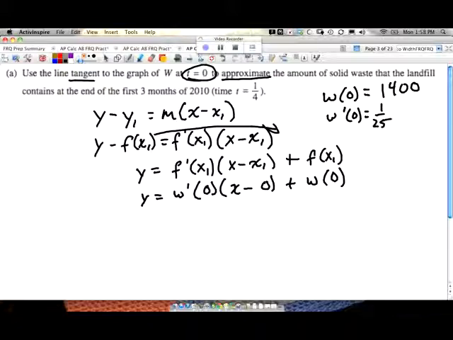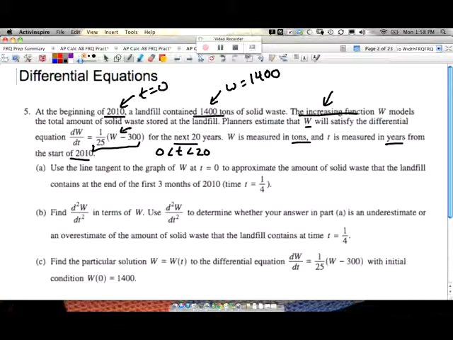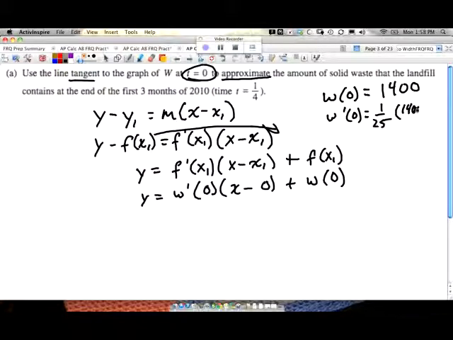If we look at what that equation was, it was 1/25 times 1,400 minus 300. So we got that piece and this here. We just got to fill in this x, or this t, I guess you could say. I used x's all over the place, but it should have been a t.